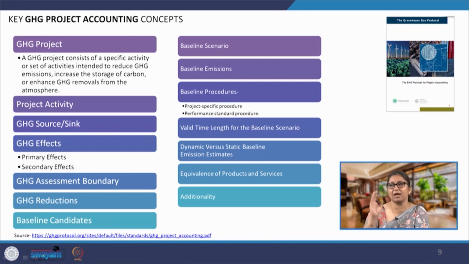For example, I might be changing all the lights in my gymkhana to LED from the existing ones. That itself could be a project, it could be as small as that. Now, depending upon this, how many activities are there? In this gymkhana project, there is only one activity, which is changing the bulbs to LED.